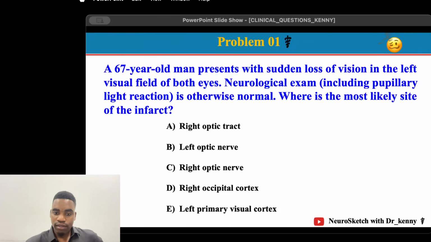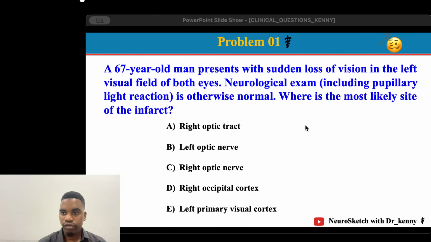So this is the question, and the question is: a 67-year-old man presents with sudden loss of vision in the left visual field of both eyes, and neurological examination, including pupillary light reaction, is otherwise normal.